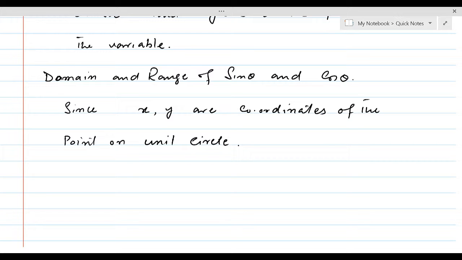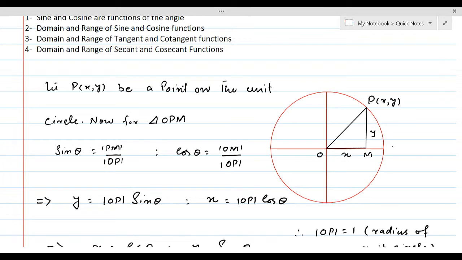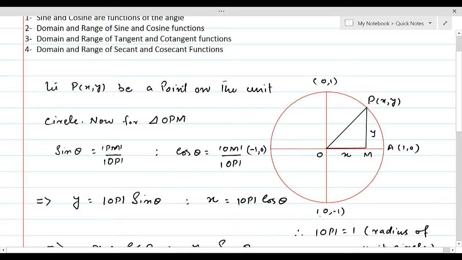This means x can move horizontally between points. Let's say here is the point (1, 0), here is the point (0, 1), here is the point (-1, 0) and here is the point (0, -1) on the circle.